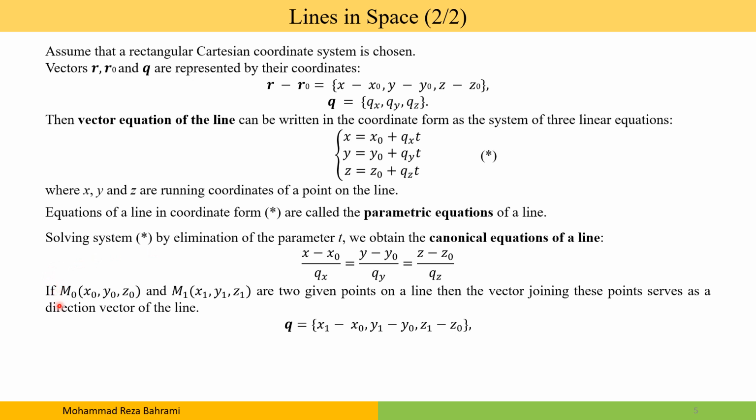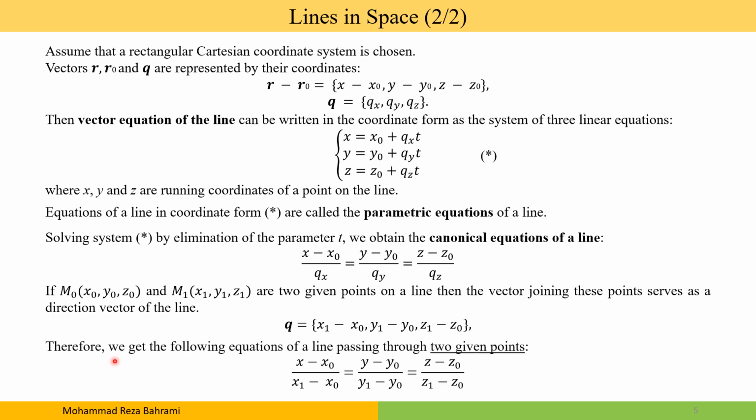If we have two given points, M0 and M1, on a line, then the vector joining these points serves as a direction vector of the line. So we can find the direction vector simply by subtracting these elements from each other. If we know two points on a line, we can find the direction vector.